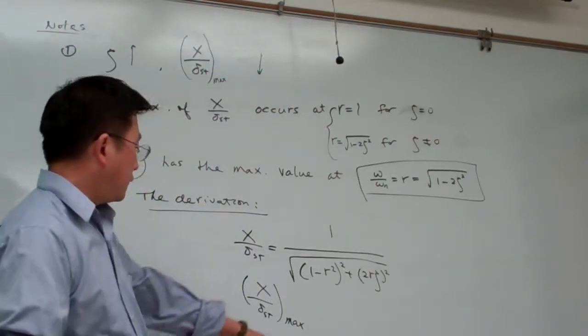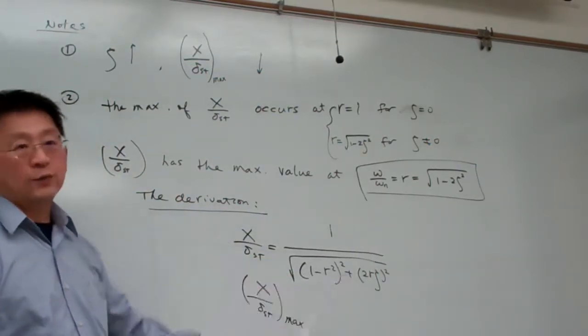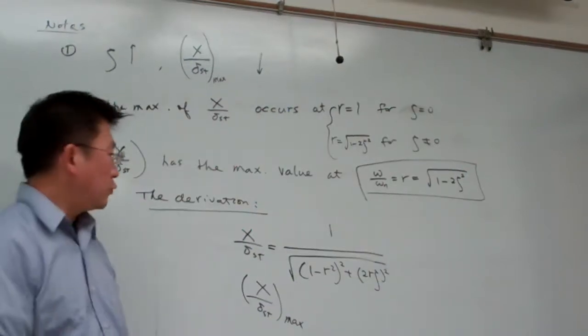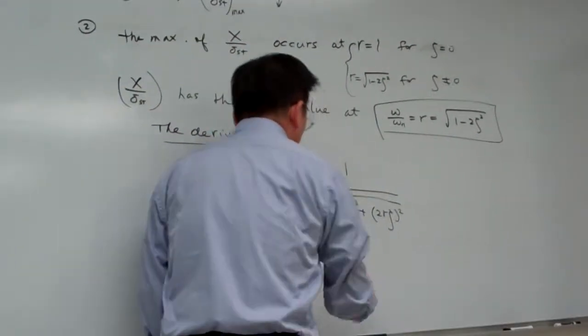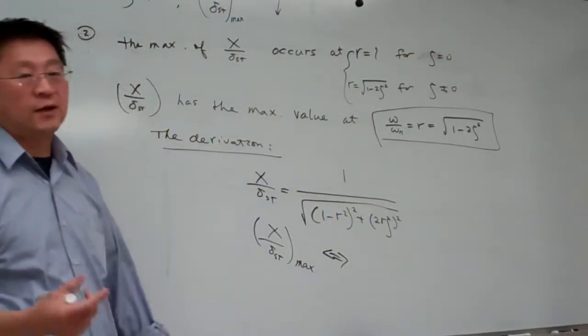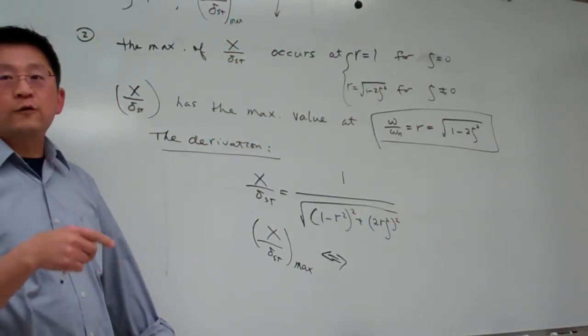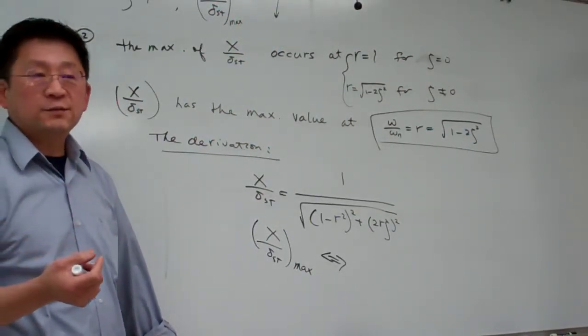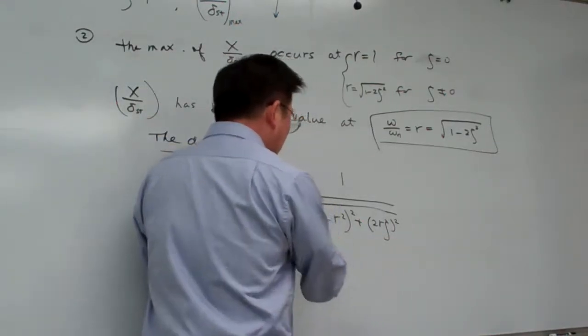Okay, so if we are looking for the maximum value of this number, you see this number is 1 divided by something. If we're looking for 1 divided by something to be maximum, that means we're looking for the minimum of the denominator.